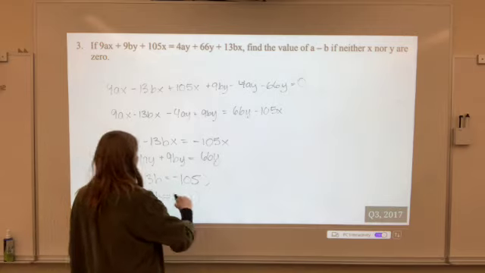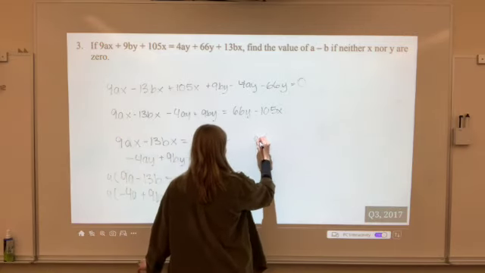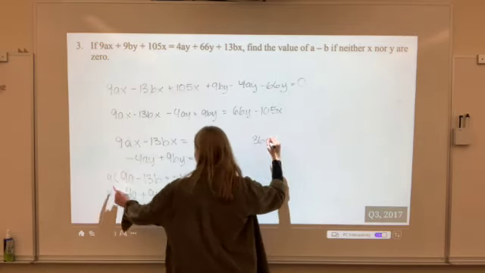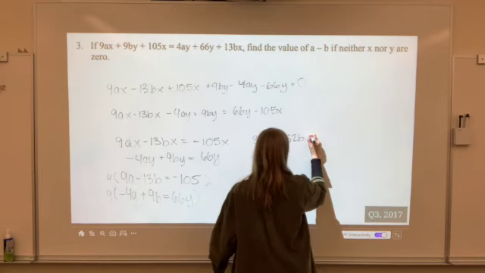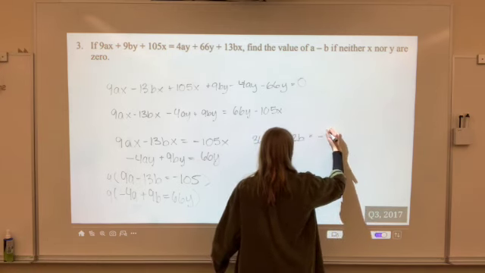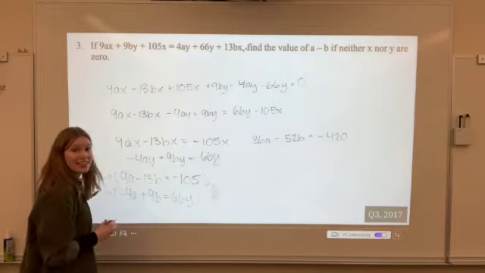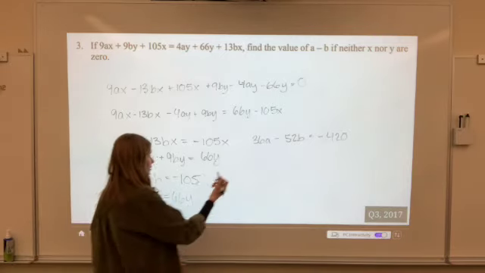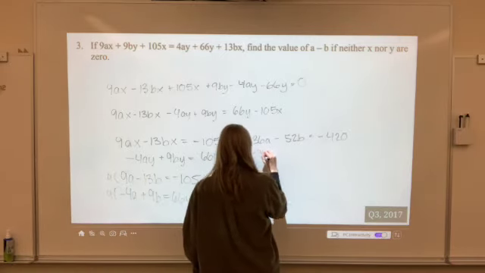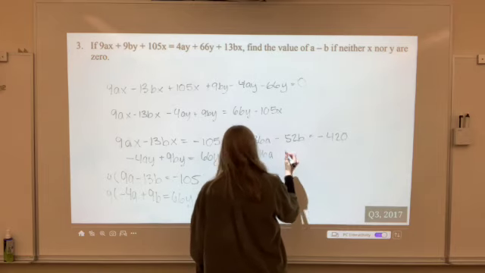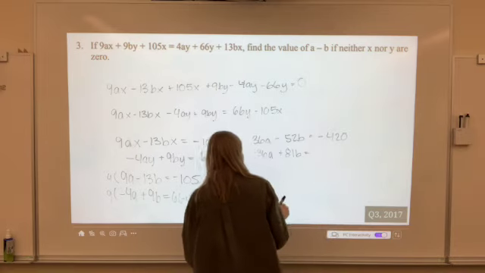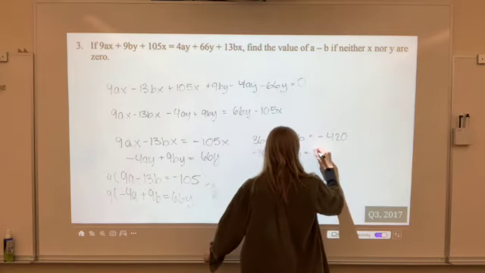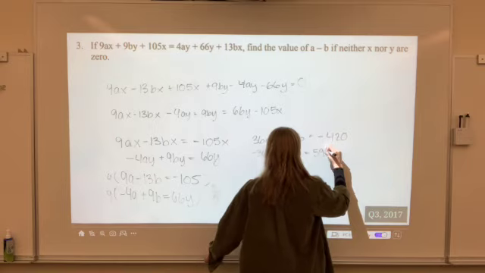So we have 4 times 9a is 36a, 4 times negative 13b, negative 52b, and then 4 times negative 105 is going to be negative 420. And now this equation, we have 9 times negative 4a, so negative 36a, plus 81b is equal to 594.